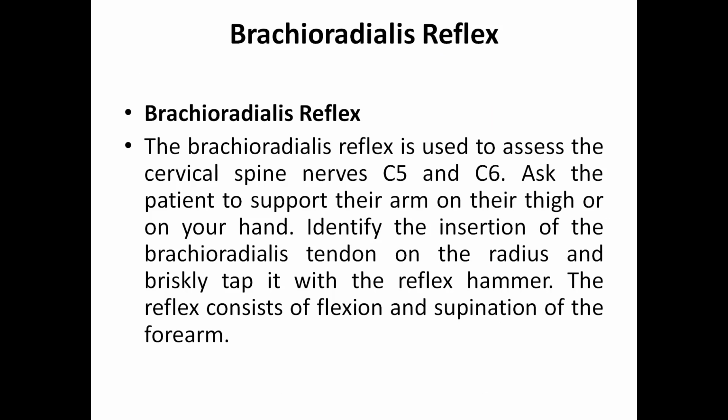Ask the patient to support their arm on their thigh or lap, or on the therapist's hand. Identify the insertion of the brachioradialis, which is at the level of the styloid process of the radius, and gently tap it with a reflex hammer. The reflex consists of flexion and supination of the forearm.